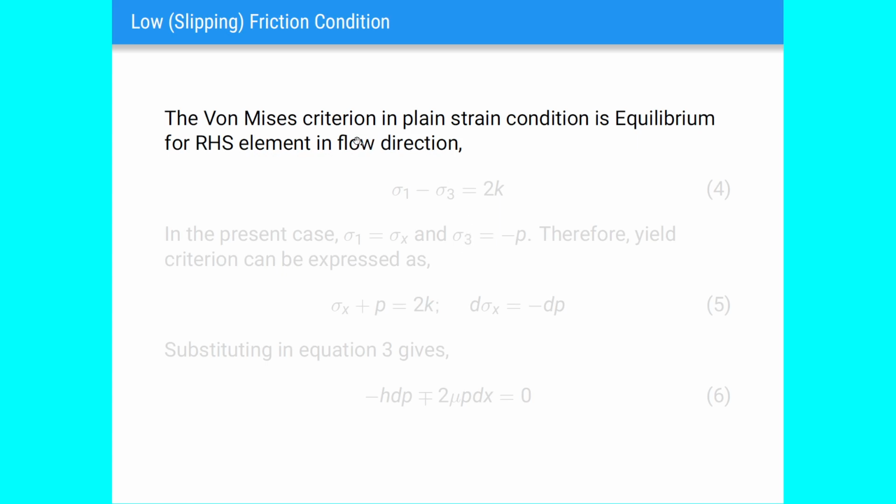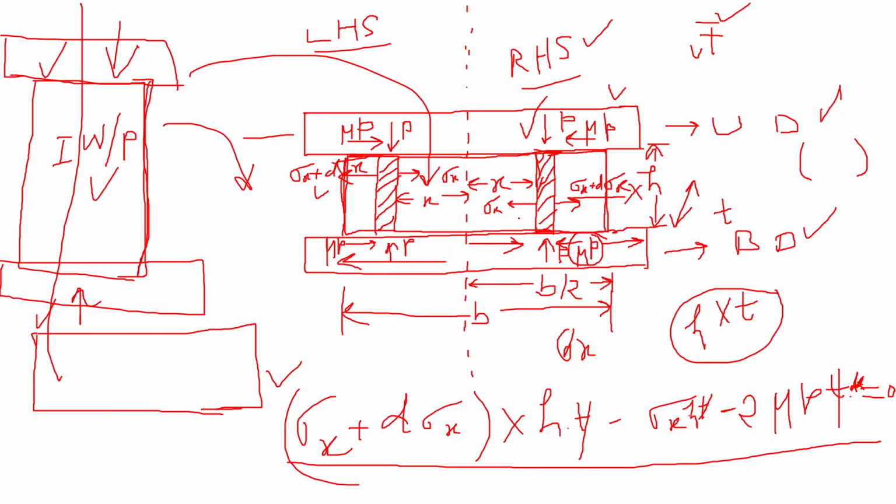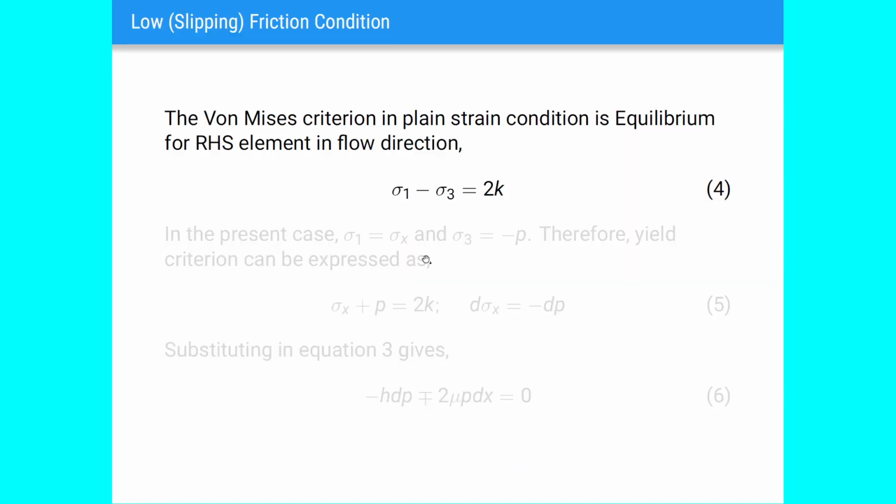From the von Mises yield criteria, we know that sigma 1 minus sigma 3 equals 2k. I hope all of you remember this discussion which took place in the previous classes. So in this particular slab, what are the principal stresses?